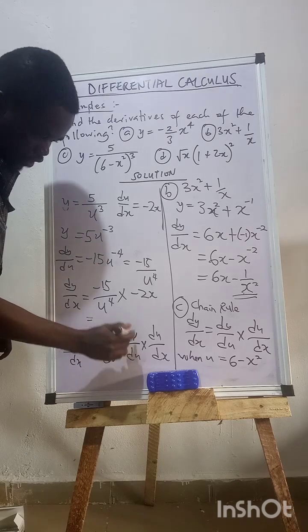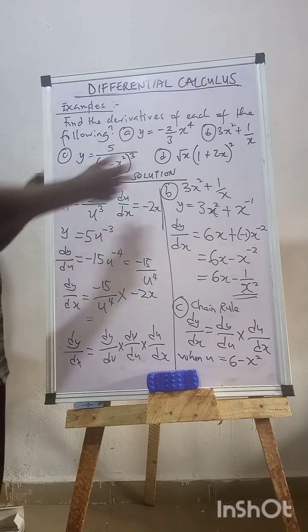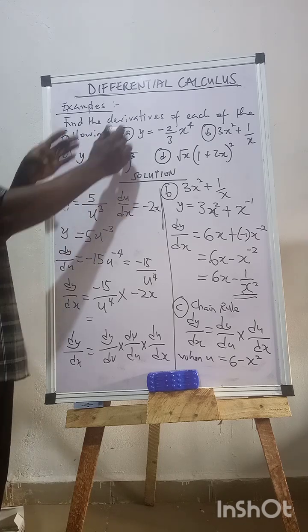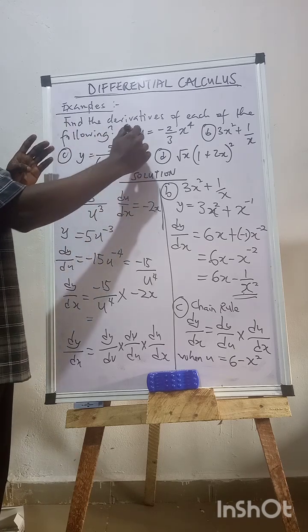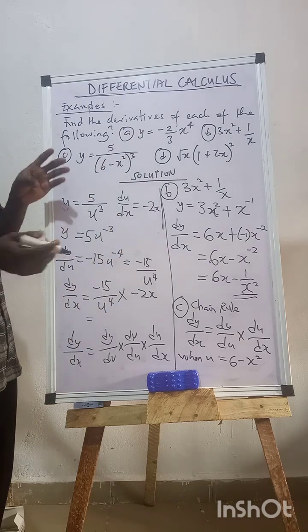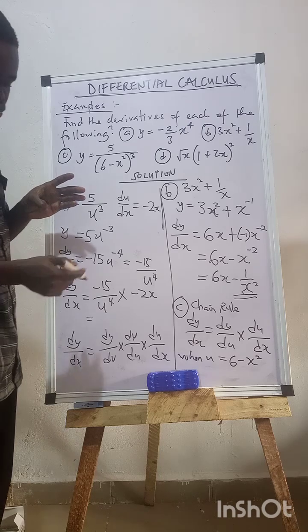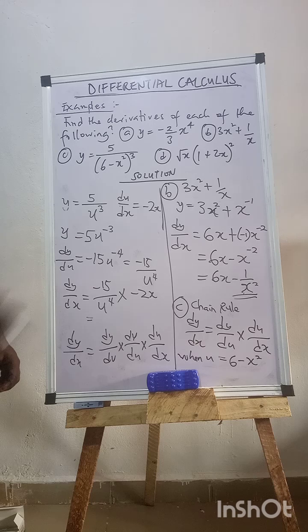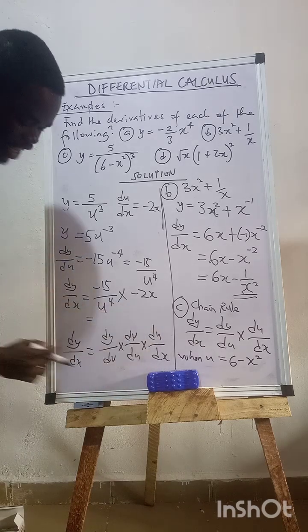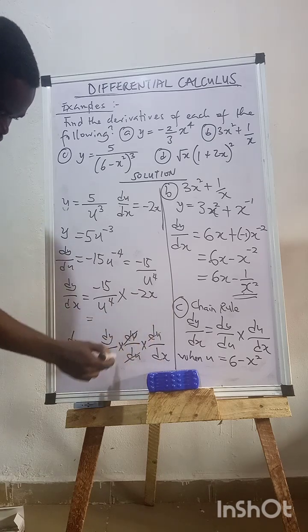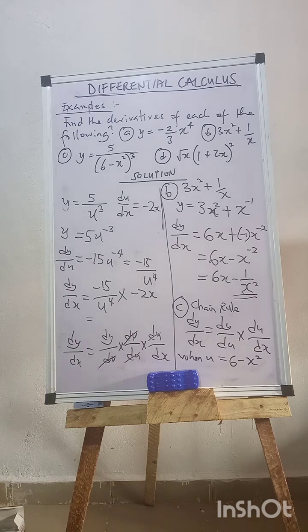So if there were three inside, then let's say, for example, everything here, we now put a bracket again and put squared all over another value, then you see that even inside the u we would have had to do another dv. Are you getting it? So as long as you find that when you cancel this out, du cancels du, dv cancels dv, it gives us dy over dx.